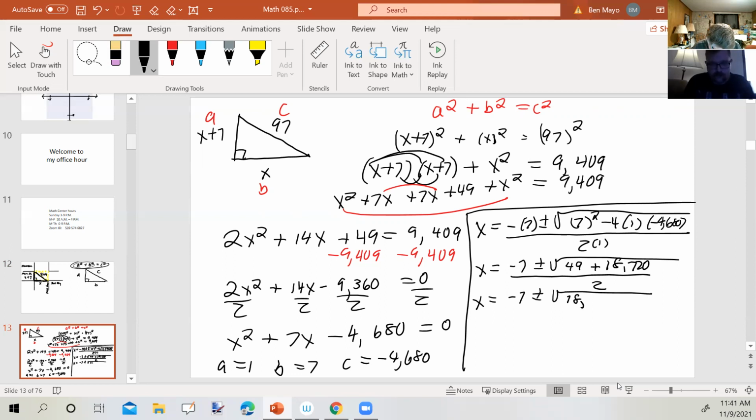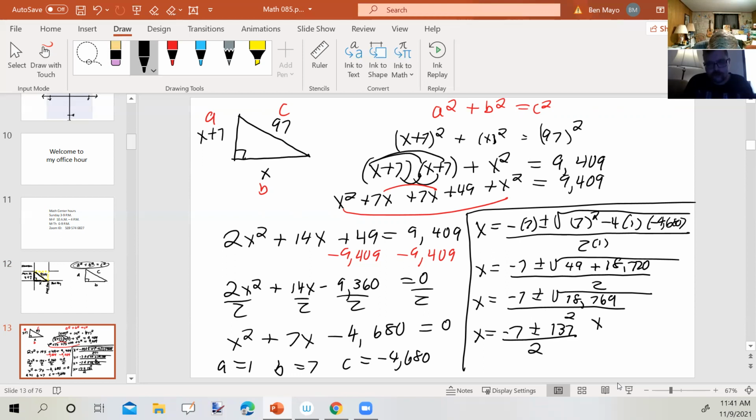X equals negative 7 plus or minus the square root of, let's see, 18,720 plus 49 is 18,769, all over 2. Let's see if 18,769 is a perfect square. It is. The square root of it is 137. Okay.